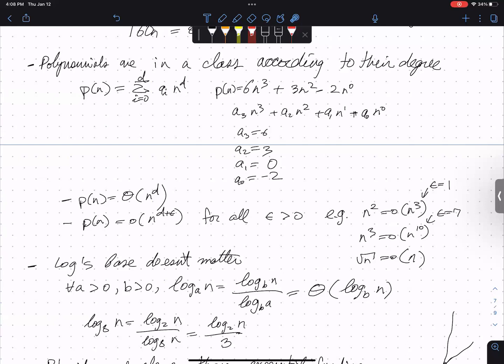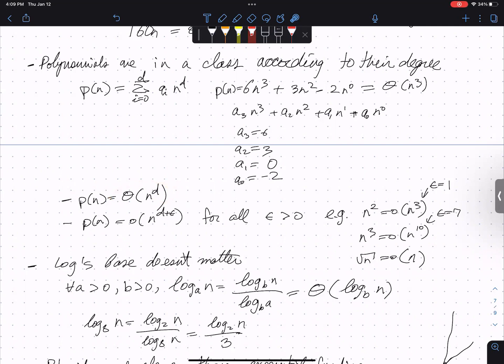And now, how does this polynomial grow? What's the rate? Well, this is the rule of thumb. It's growing according to its degree. So this polynomial, for example, is theta of n cubed. I just look at the degree, the biggest power, and that's what the rule of thumb says.